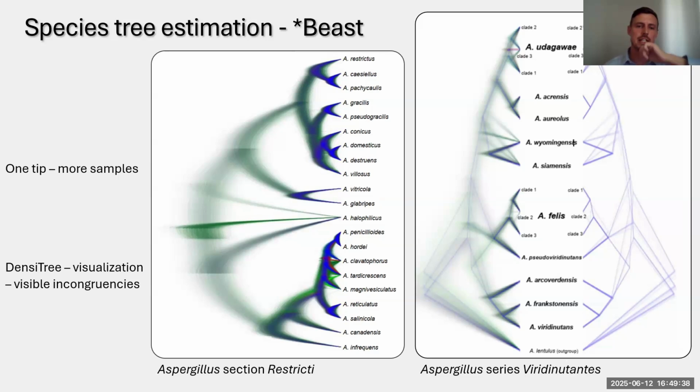Then you can visualize the results with a program called DensiTree, and it will nicely show you the incongruencies in your data set, with these conflicting parts where the support is not clear for the topology of the tree. As I said, this is rather straightforward.